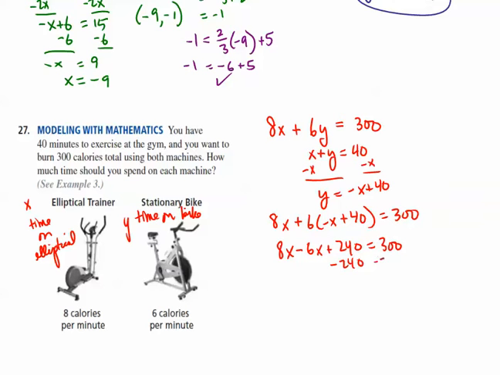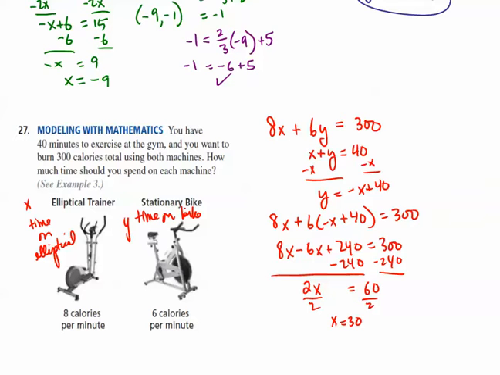Subtracting 240 on both sides, I get, 8x minus 6x, I could have and should have combined those like terms first. So that's a mistake that is often made. I actually didn't have a problem with it, but some students make a mistake following that I won't get into here. But we have 2x is equal to 60, divide by 2, so x is equal to 30 minutes.